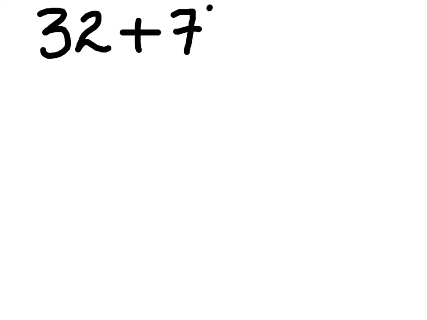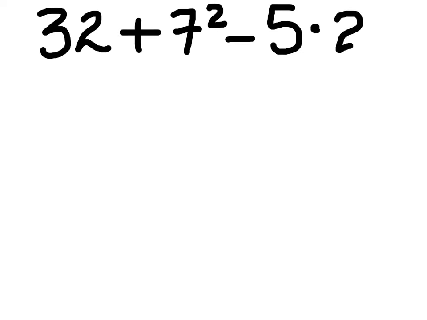Now let's evaluate another expression. We have 32 plus 7 squared minus 5 times 2. And in this situation, I want to show you where you can combine a couple of operations, because we're keeping them in terms.